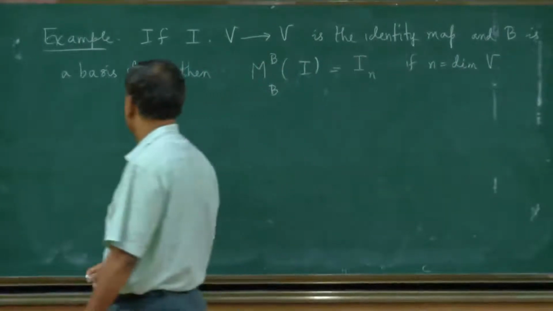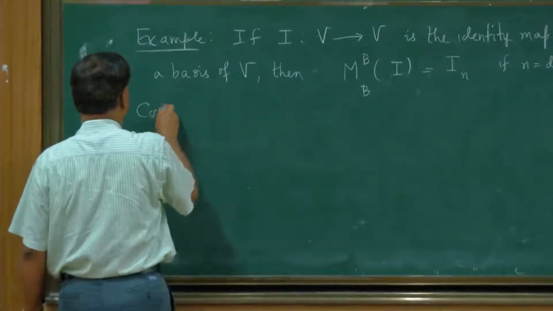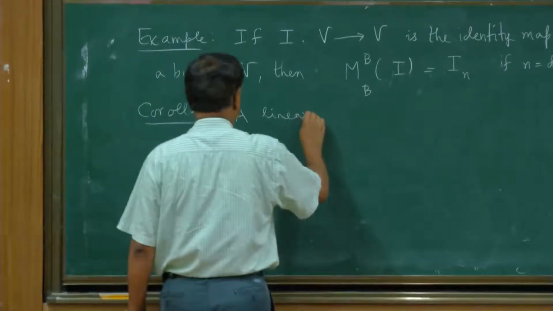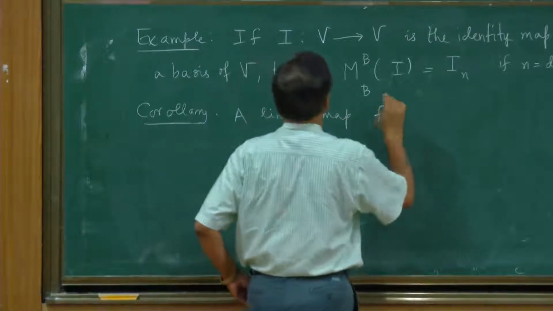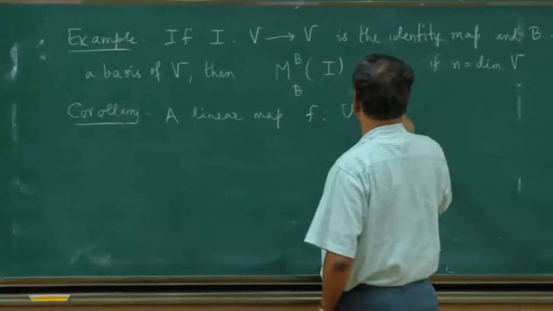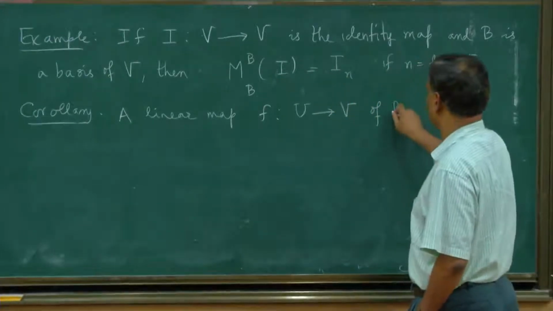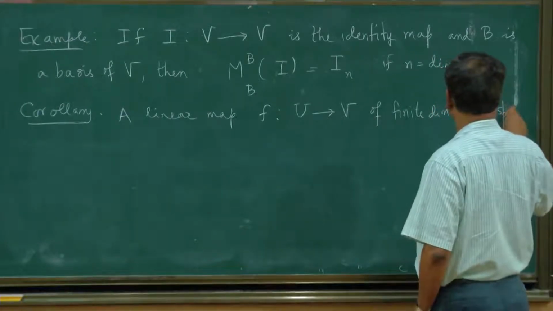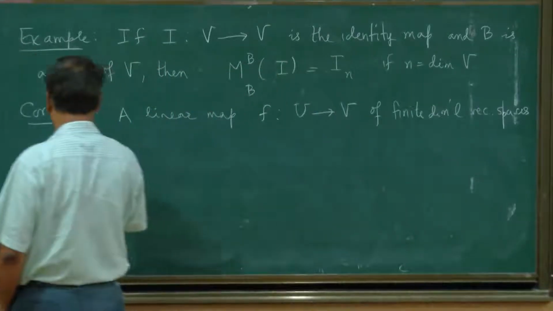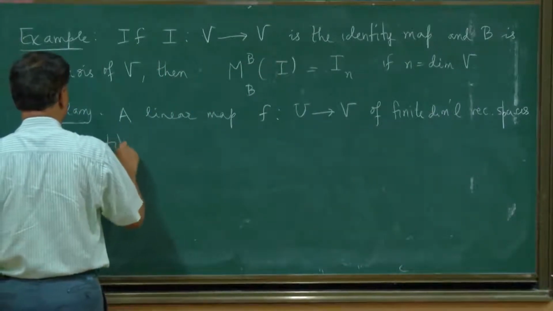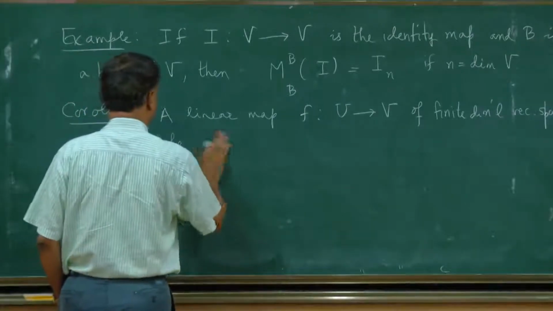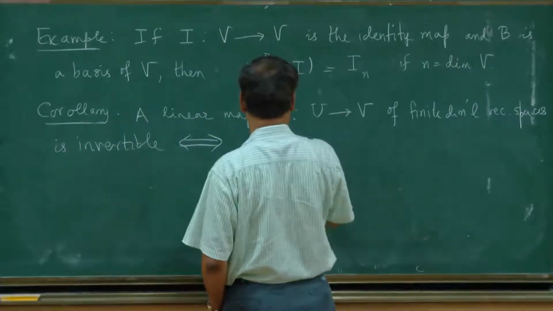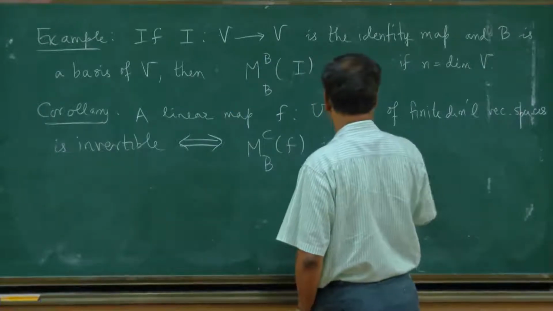One consequence of this is that a linear map F from U to V of finite dimensional vector spaces is invertible if and only if the matrix BC of F is invertible, or non-singular.